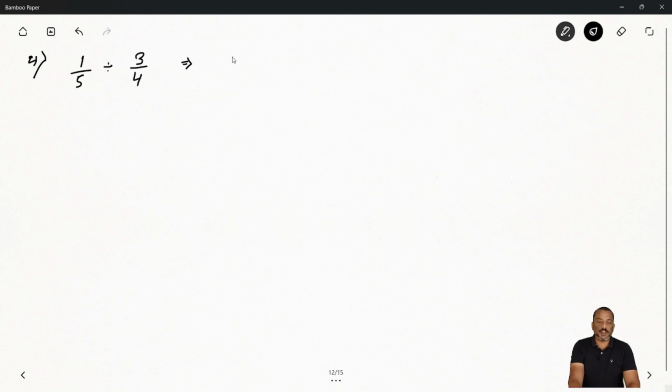You know fraction division; you can check out our fraction division video. The division changes to multiplication and the second fraction flips, so it becomes 4 over 3. We get 4 over 15, which is also a rational number.